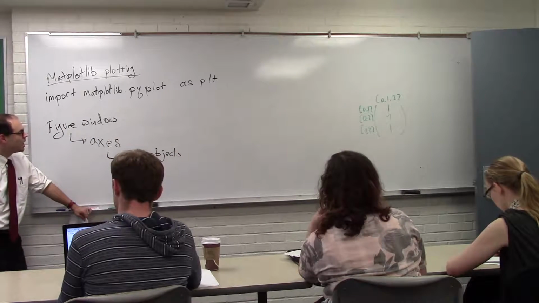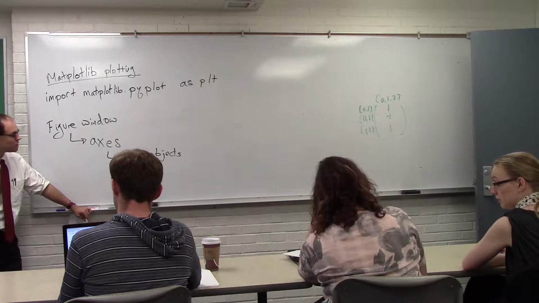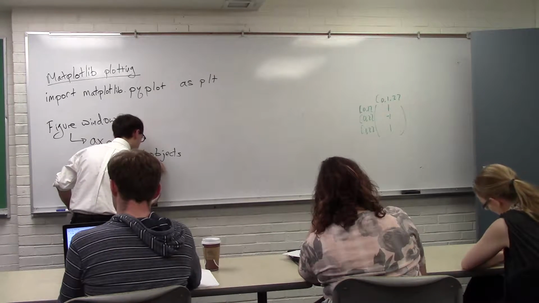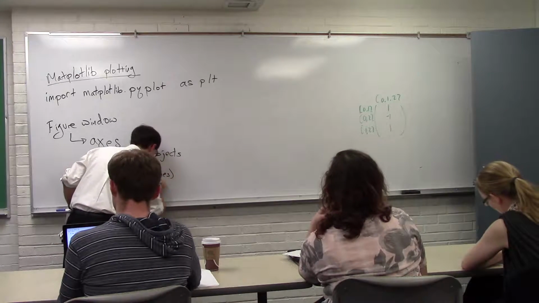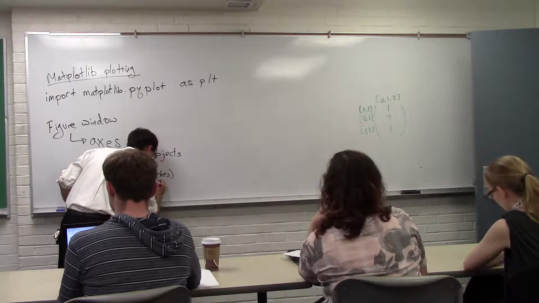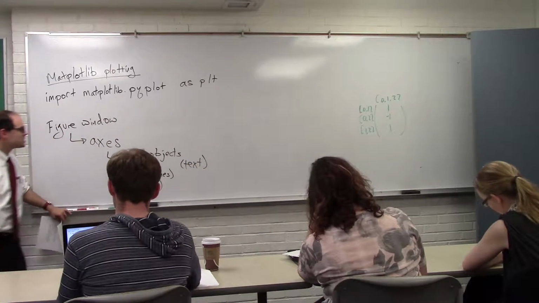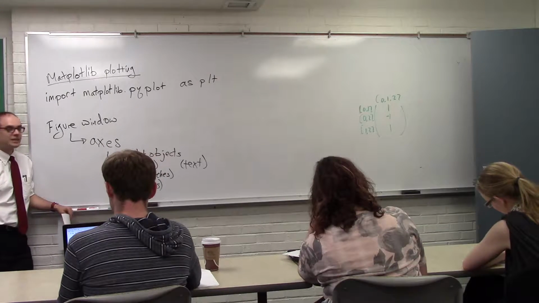Specifically, the typical kind of plot objects that you want to talk about are things like lines, or patches, or fills, or text. Many other such things are plot objects. You can dig into the documentation and take a look at the gallery.